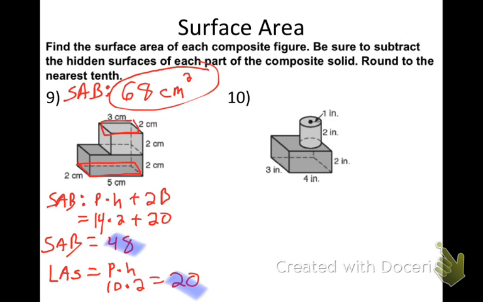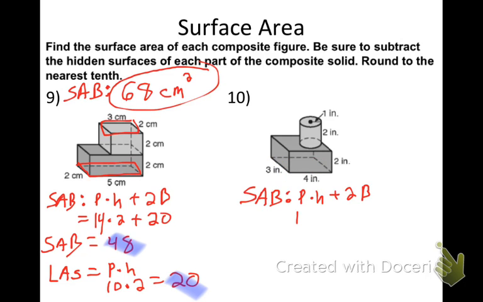So there's number 9 on a prism. Number 10, again, if you look at the way I showed you on number 10, it makes it a lot easier because you can cut out some circle work. How would I find the surface area of the big one? I would do the perimeter times the height plus 2 of the bases.